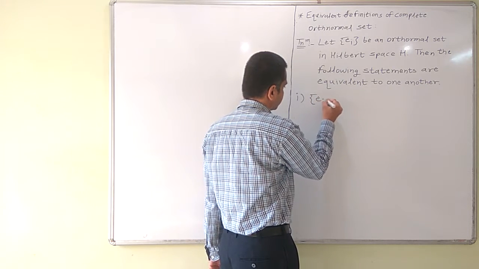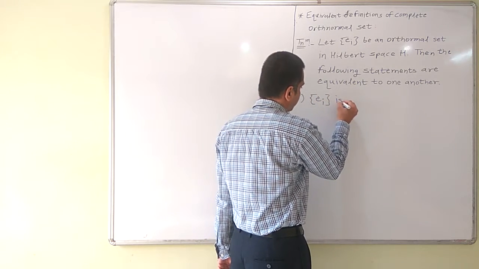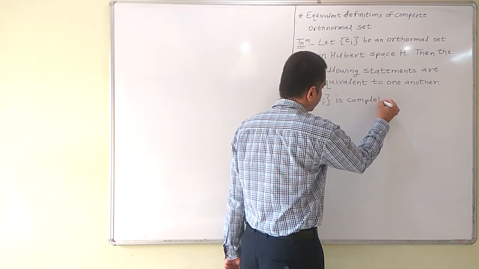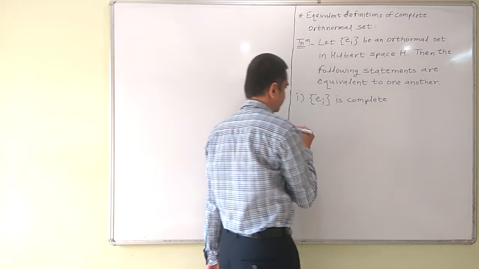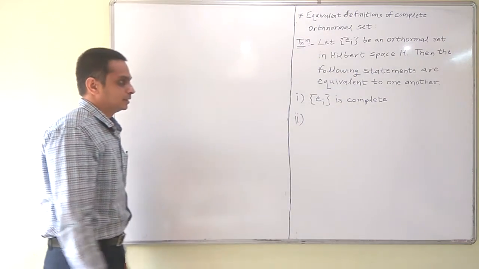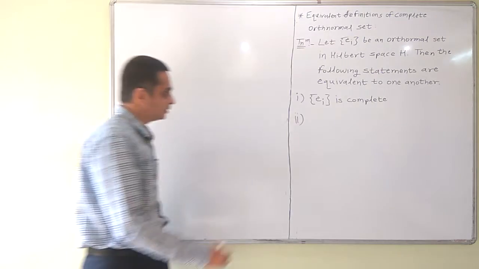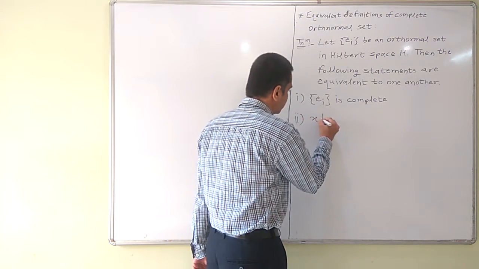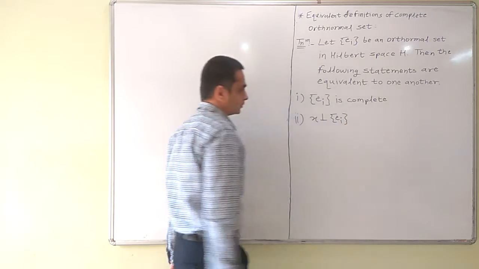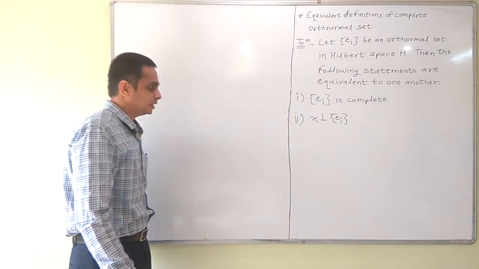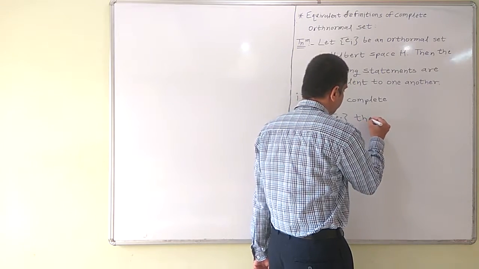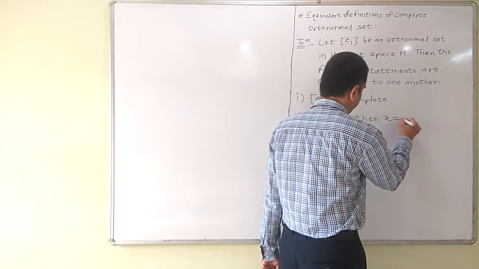The first statement is E_i is complete, that is, it is an orthonormal basis, it is a maximal orthonormal set. The second statement is that if x is orthogonal to the set E_i, then x must be equal to 0.